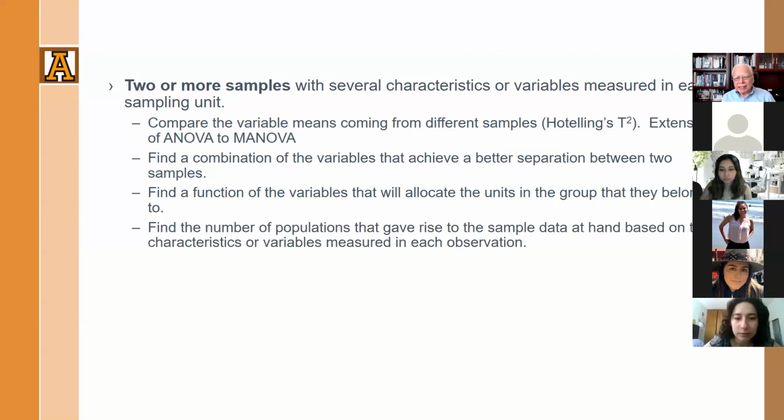We may want to find the number of populations that gave rise to the sample data. We may not know which observations belong to which group, but we know that we have different sets. For example, think of the potential customers of a bank. They do not have the information as to whether a particular potential customer is going to take a credit card from the bank or not.